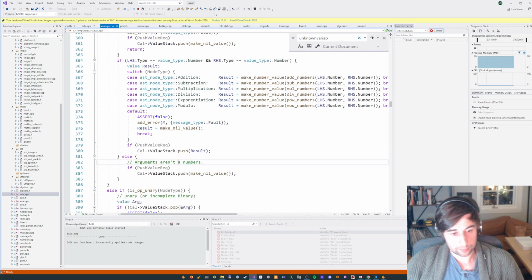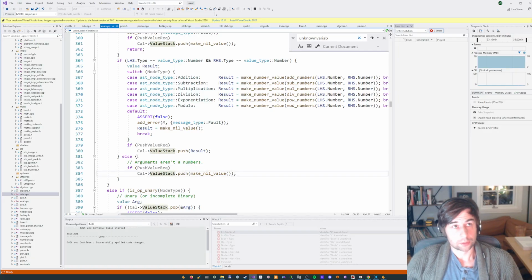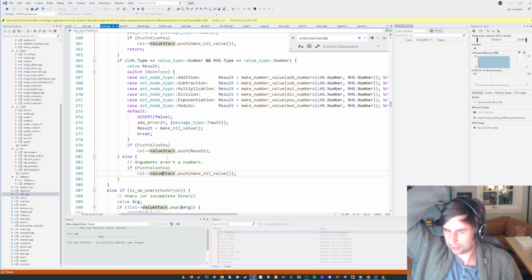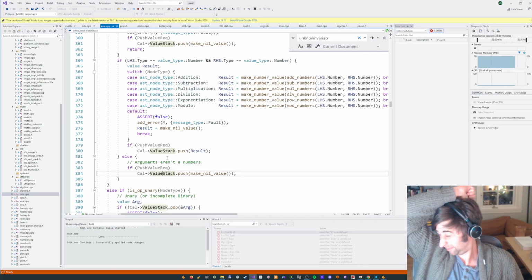But if they aren't numbers, I need to push something back on the stack that isn't a number, but an operator again, but don't evaluate it.